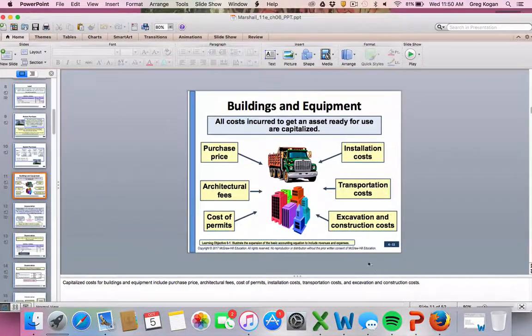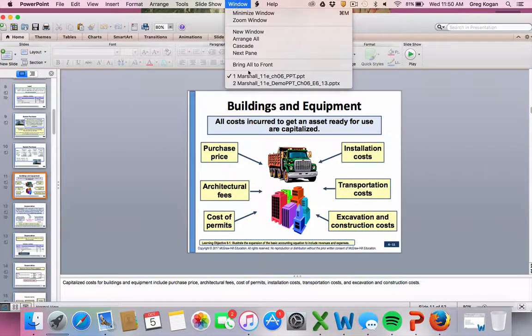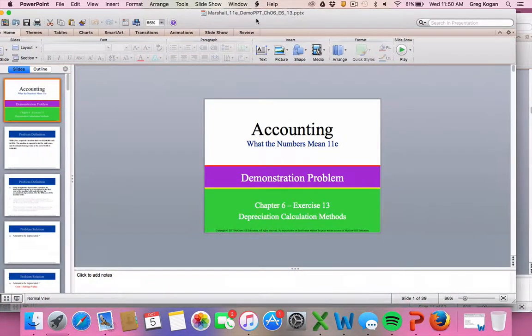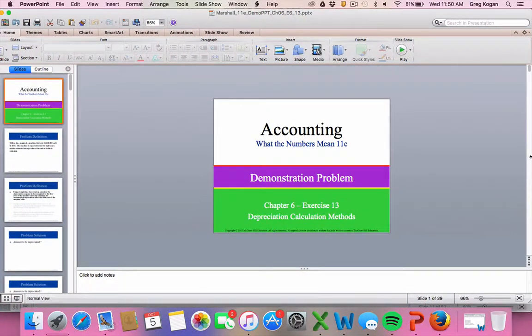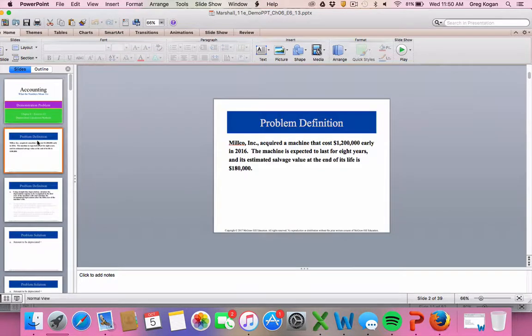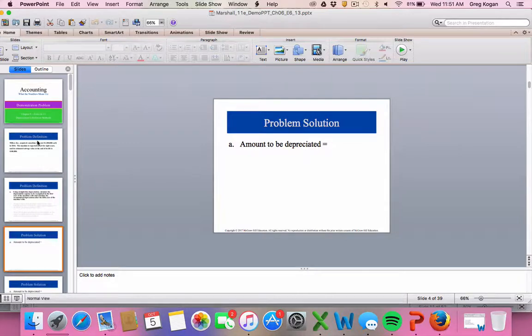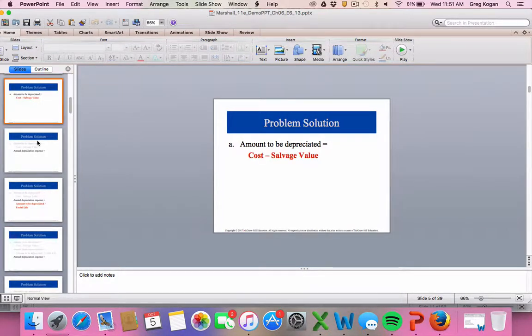Just to go over one more time, there's another PowerPoint that I wanted to go through as the example problem for the week, and I'll post this as well. To show you another example, we have a computation of straight line depreciation.